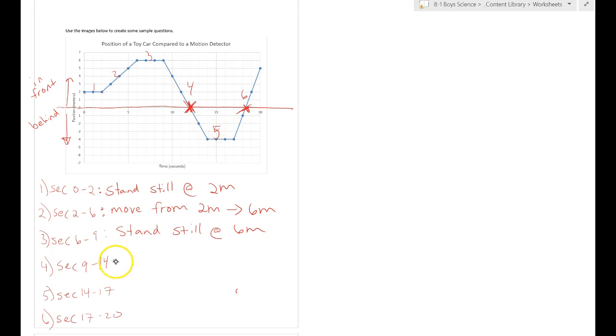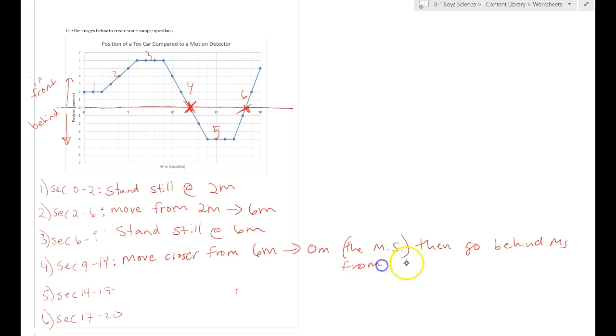So you move closer, from 6m to 0m, the motion sensor, then go behind the motion sensor from 0m to negative 4m. And we're just going to throw in behind.